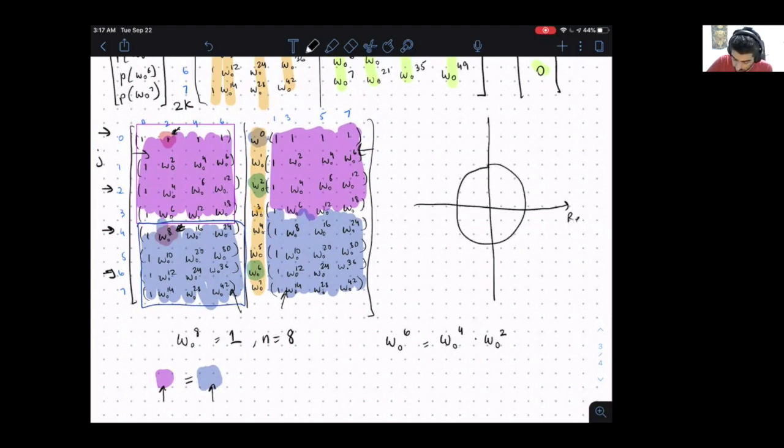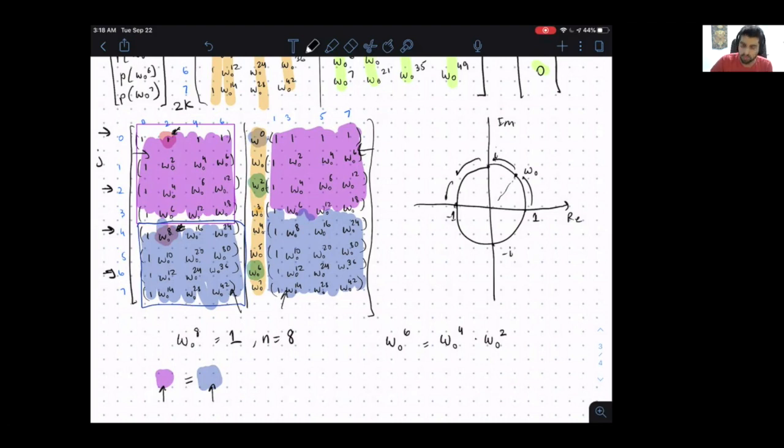This is the complex plane, real and imaginary. This is 1, -1, i, -i. So if this point is our omega naught, the easiest way to think about it is that when we calculate omega naught to the fourth, it's sort of 4 rounds of omega naught across the unit circle counterclockwise. So there's 1, there's another round here, another round, and another round.